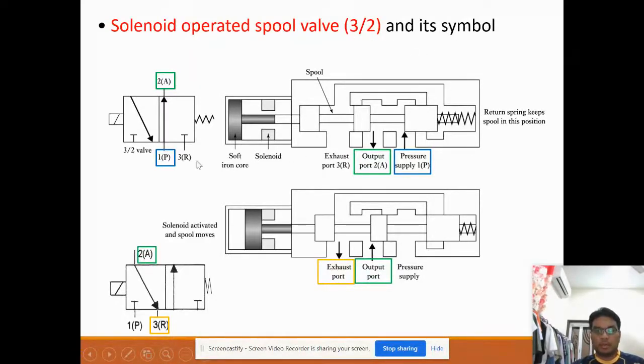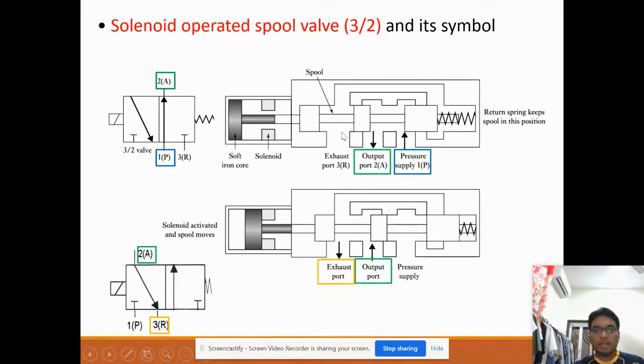This is the first condition. This is considered NO, which is normally open. When it is normally open, you must always refer to the first one, the 1P here. It means the first condition is always open, so you can have airflow from the blue one to the green one, and port number 3 is currently closed. There is no activity here.